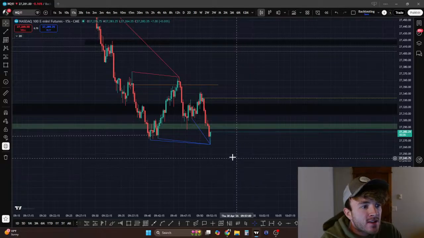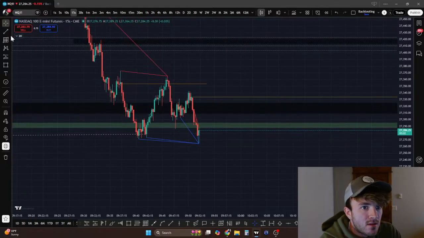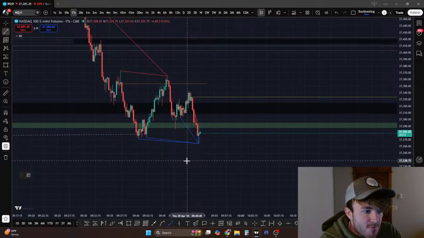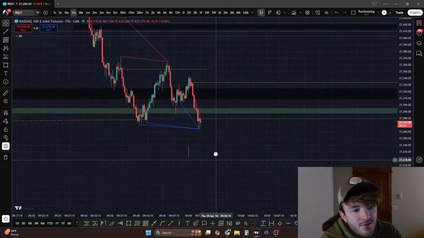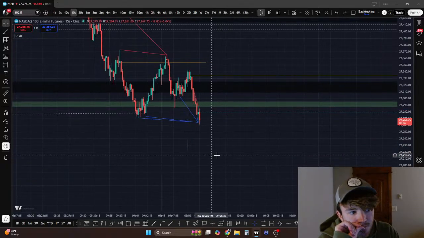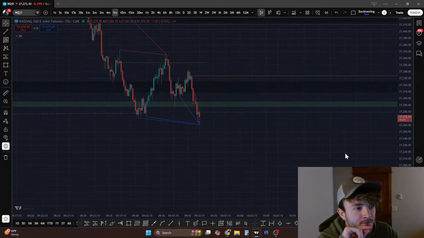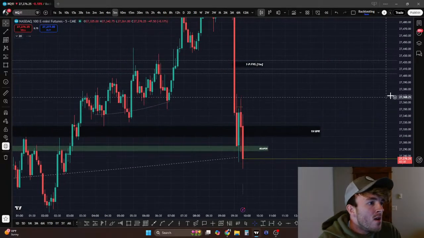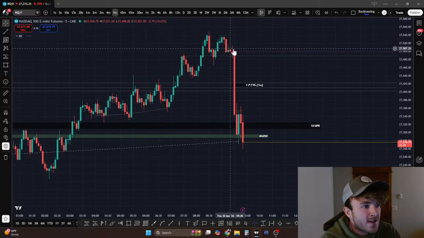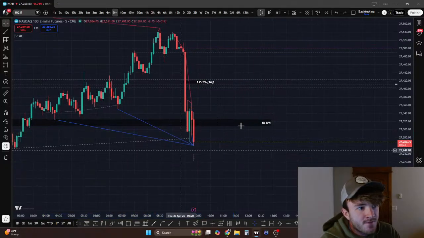So now we're in the macro. But I feel like we're gonna end up using the entire opening range as liquidity, meaning this range from 9:30 to 10, this whole thing.